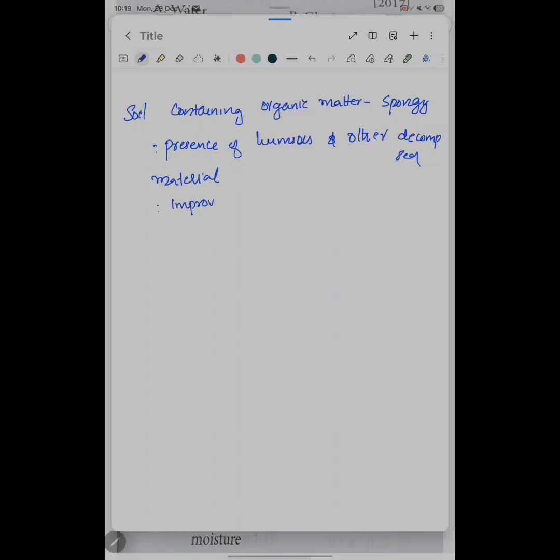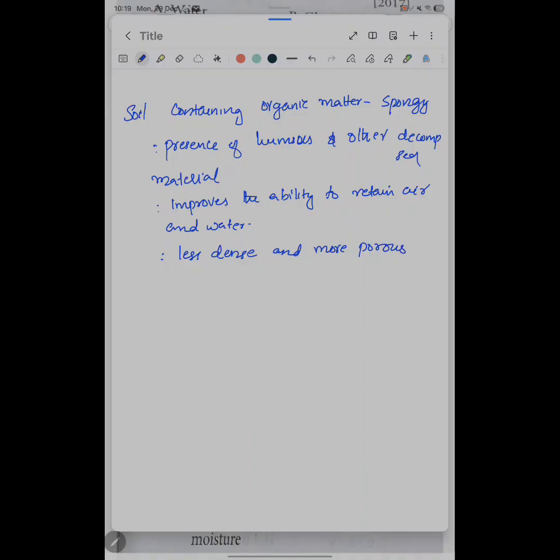As a result, it improves the ability to retain air and water. This makes them less dense and more porous than mineral soils.